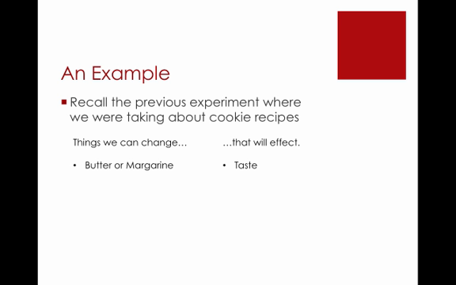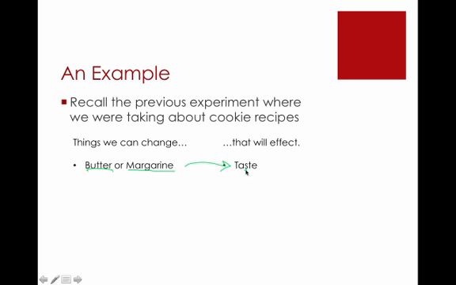And this is a great basis for an experiment that we can perform that allows us to change some variables, butter versus margarine, and as a result have this affect the taste. And we're going to talk about some specific names for what we call these types of variables versus what we call the variable over here, which is taste.